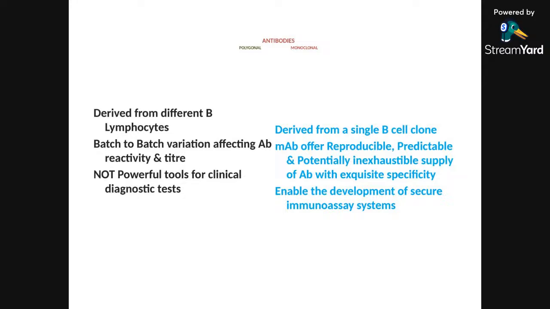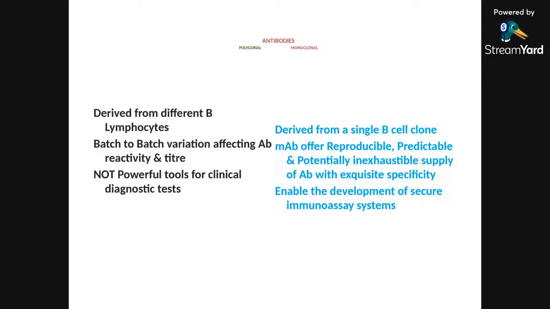This antibody is derived from B lymphocytes, but is classified into two groups: one is polyclonal, the other is monoclonal. Polyclonal is mostly derived from B cells, batch to batch. It will vary, affecting antibody reactivity and titer, so it is not a powerful tool for clinical diagnosis.